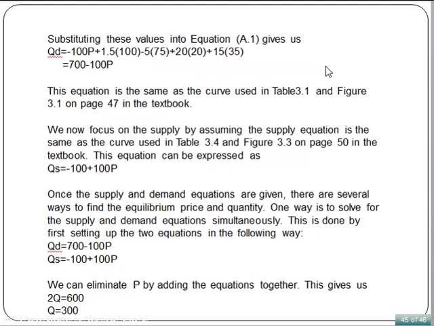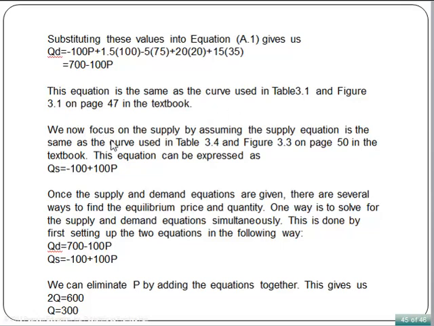Okay, let's substitute these values into the equation. This gives us Q sub D equals minus 100 times price plus 1.5 times 100 minus 5 times 75 plus 20 times 20 plus 15 times 35. In the end we get 700 minus 100 times price. This equation is the same as the curve we used in our slides.